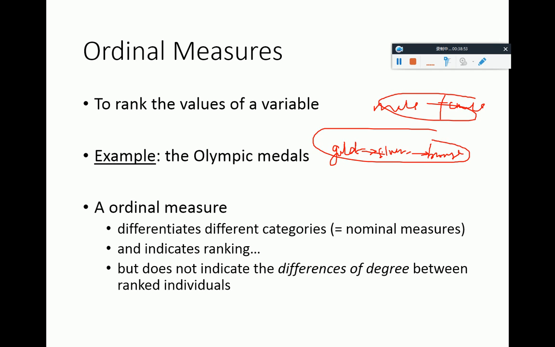But at the same time, there's a very important point that we would like to make here, and that is, even though an ordinal measure can indicate ranking, the ranking does not contain any information about what we call the differences of degree, or the extent to which they're different.